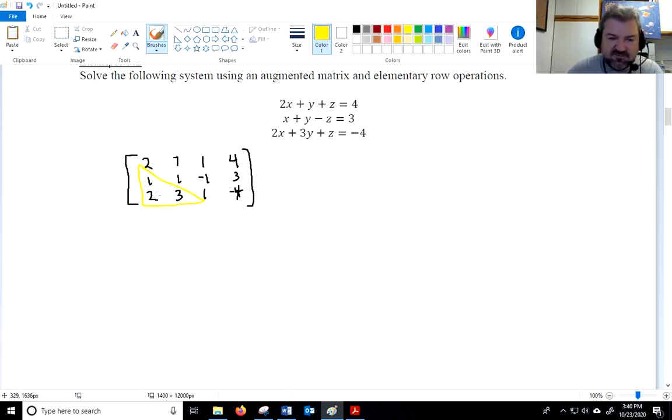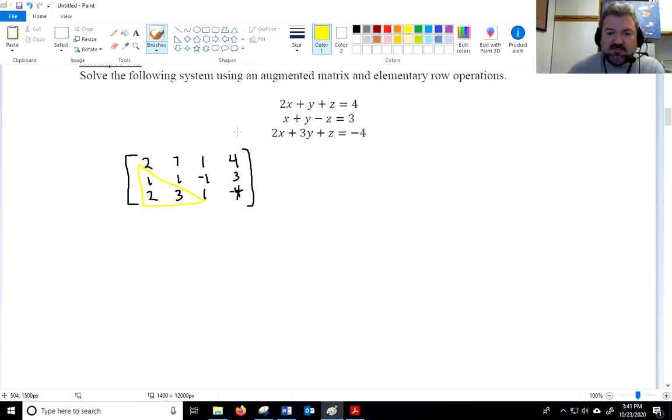I don't want to try and get 0 and then 0 because when I try and make this 0, I end up messing up the 0 I got before. And you don't want to mess up any zeros. Once you get a 0, it wants to stay a 0, right? So we will focus on getting the 0 either where the 2 is or this 1. That doesn't matter, but we want zeros in the 1s and the 2s. Then we'll get a 0 in the 3.